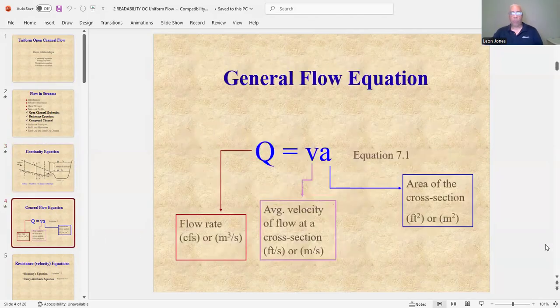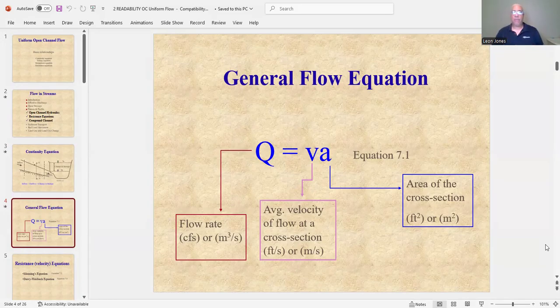Now, the general flow equation, and if you're in fluid mechanics, you're going to always see this. You're going to see Q equals V times A. Now, your Q is your flow rate. Now, for the most part, here in America, we use English or Old English units. So we're going to use CFS, which is cubic feet per second. Now, the SI units, it's cubic meters per second.